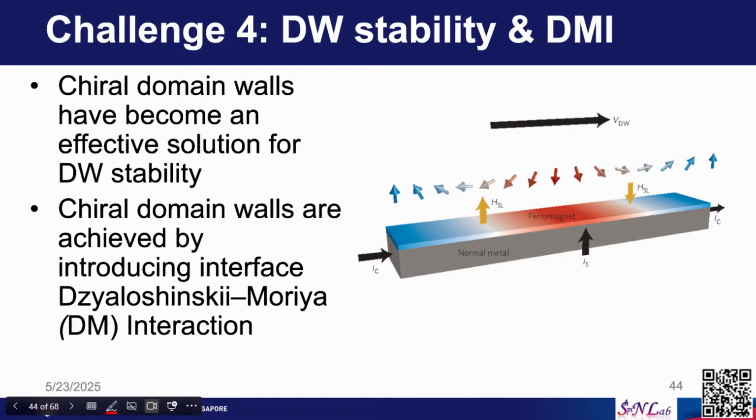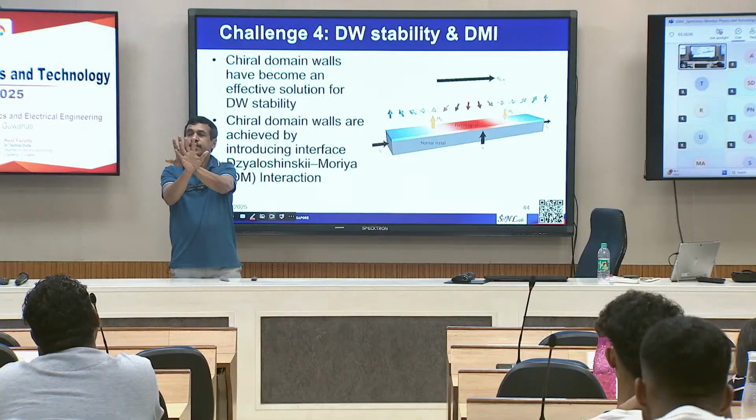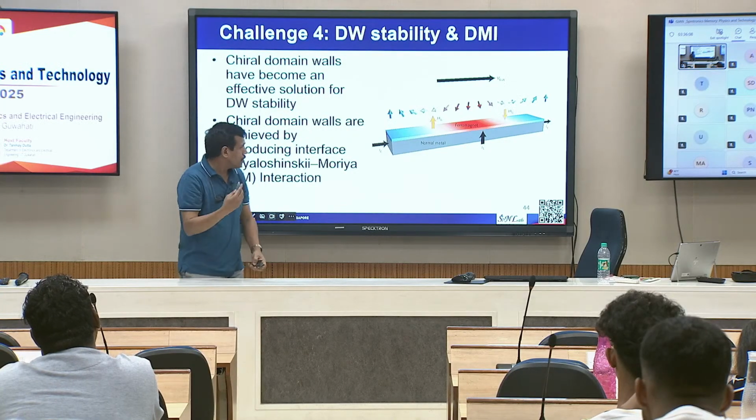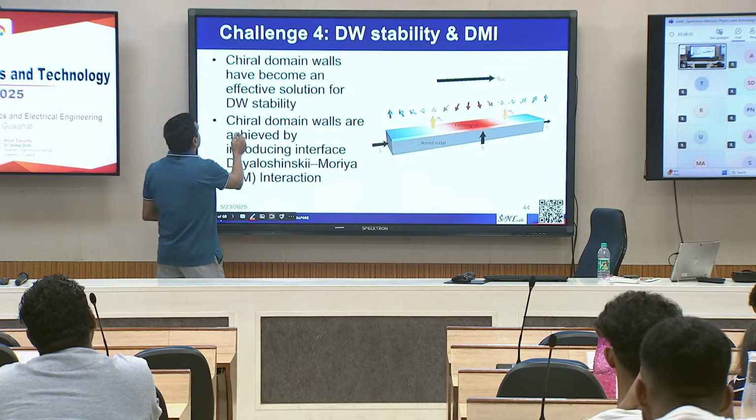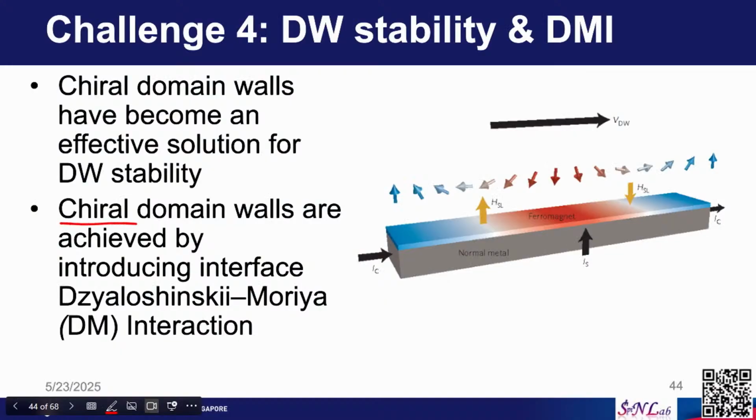If you flip two molecules and they match each other, but if you shift them they do not match, those are called chiral molecules. In a similar way, we have chiral domain walls.